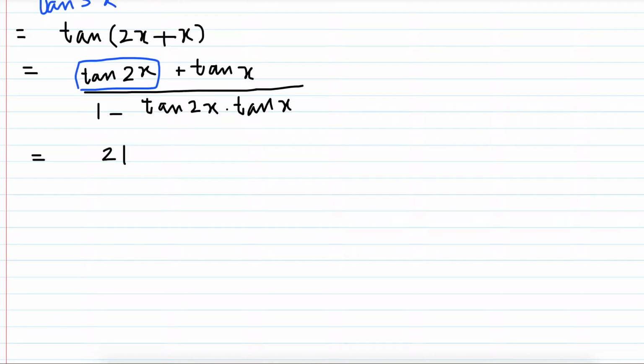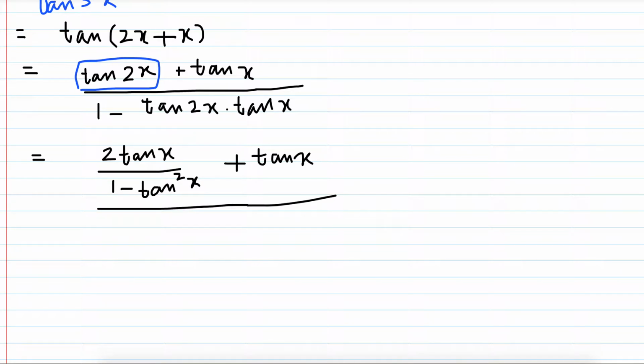So it becomes 2 tan x divided by 1 minus tan square x, and then we have another tan x.